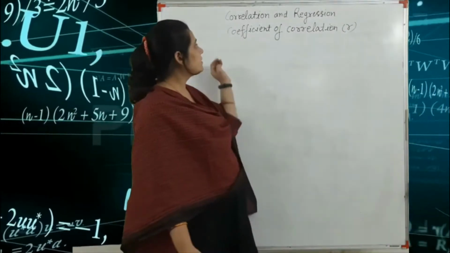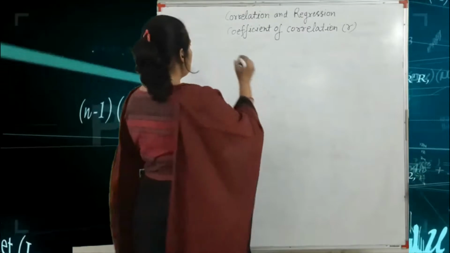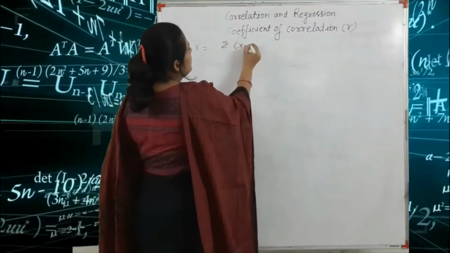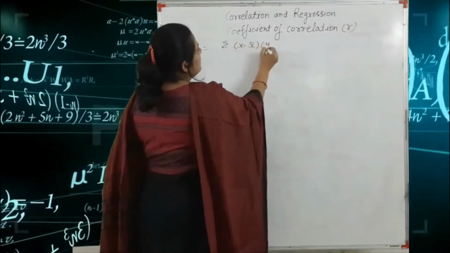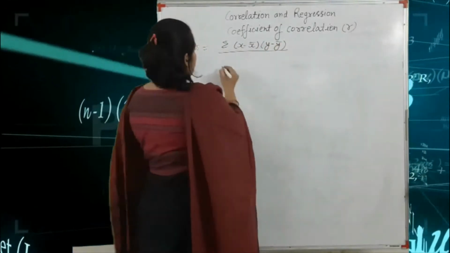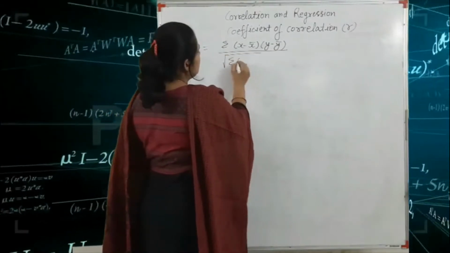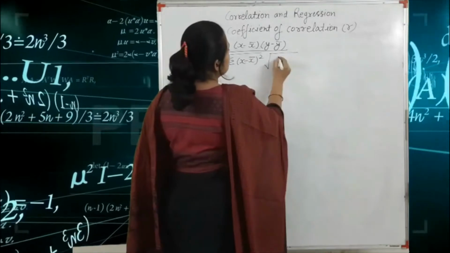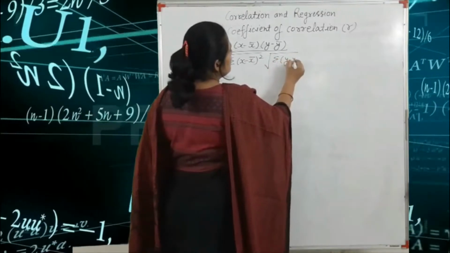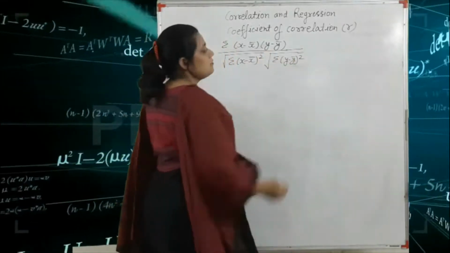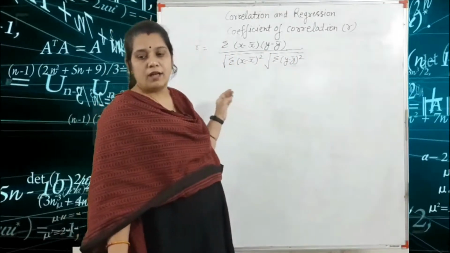So the formula is r is equal to summation (x minus x bar) into (y minus y bar) divided by under root summation (x minus x bar) whole square under root summation (y minus y bar) whole square. Okay, so this is the formula of the small r.